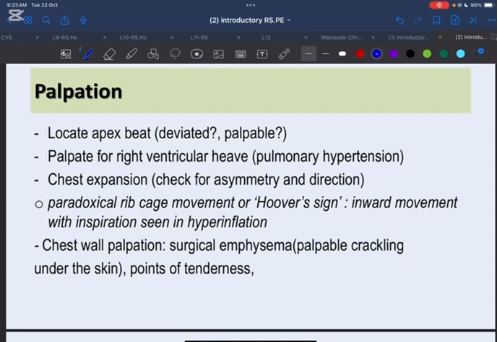And this question is for your colleagues, not for you: would mitral regurgitation displace the apex beat? And how? Let's stay with mitral regurgitation. Would it affect the apex beat? My question.